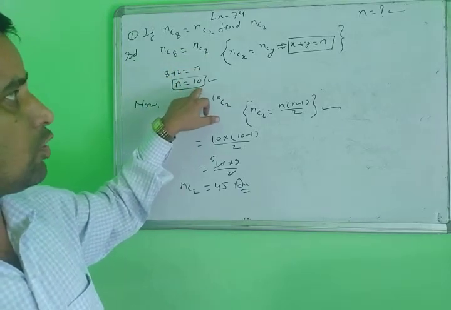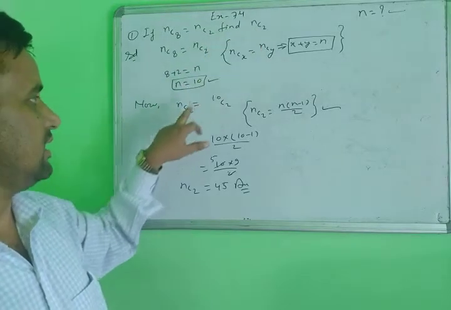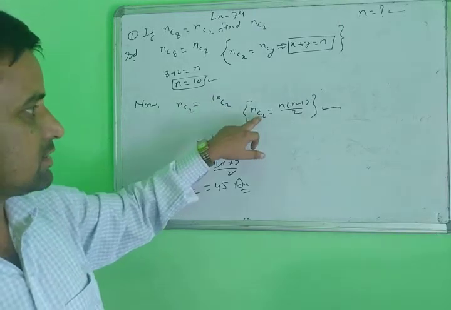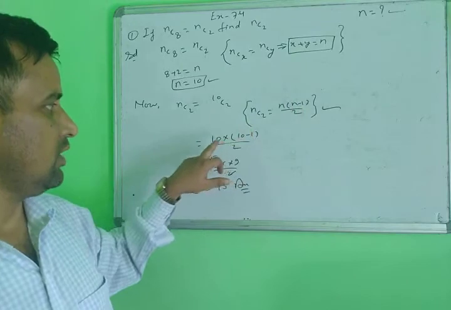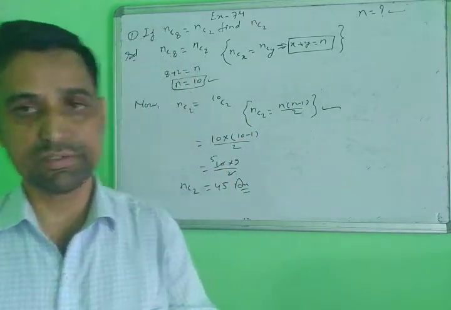You have got the value of n. Then find the value of nC2: with n as 10, it is 10C2, or by the second shortcut, nC2 equals n(n minus 1) by 2. Using this, calculate and find the value. Yes, note it down.